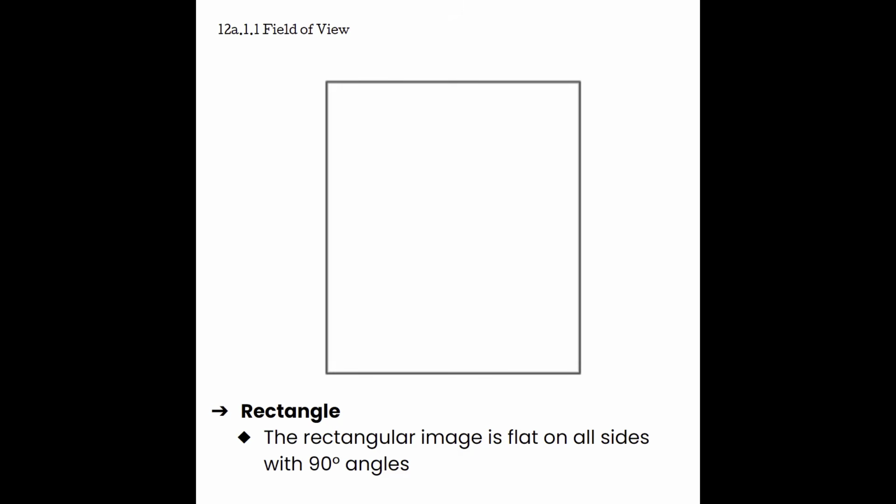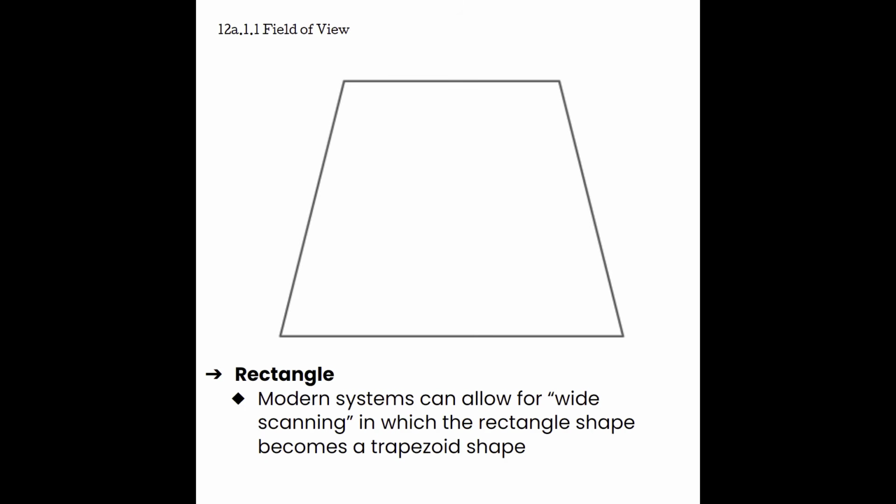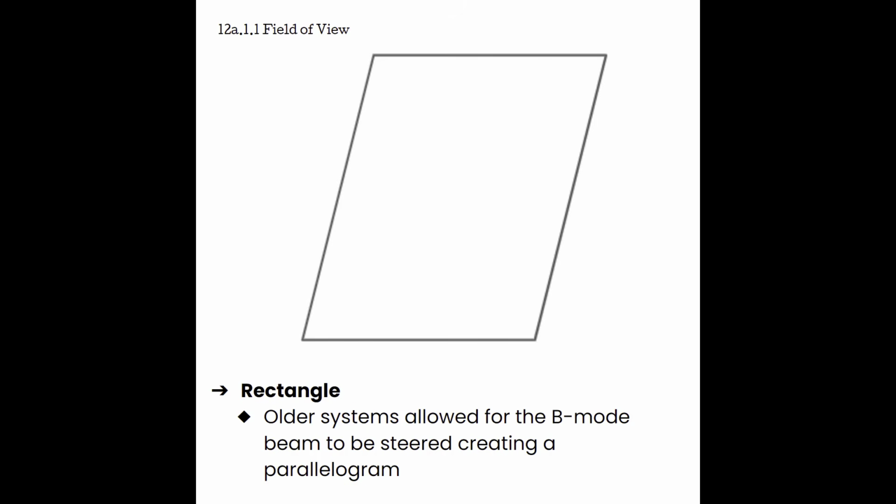And we'll see that the transducers that create rectangular field of views also have some variations. We can get a wide scanning view, which gives a more trapezoid shape to the rectangle. So this is known as wide scan or convex scan. And then we can also see that the rectangle can be steered in different directions, giving it more of a parallelogram shape.